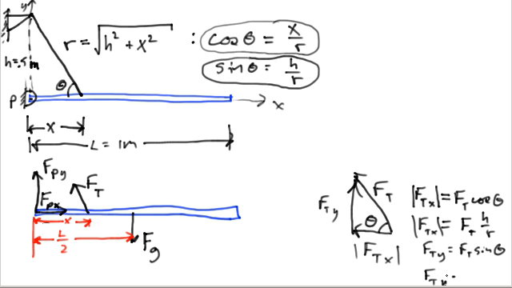FTY is this, FT times H over R. And since that's the same thing I got up there, this one must be wrong. Cosine of theta is X over R.